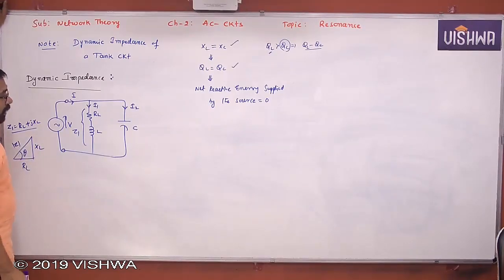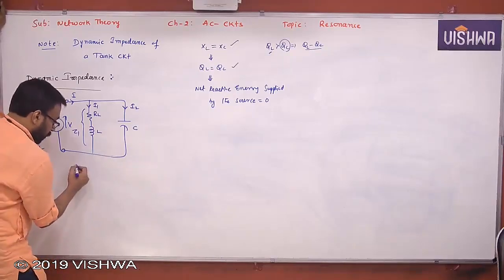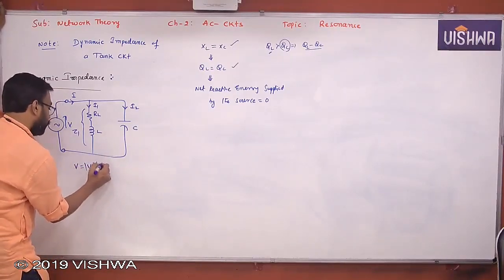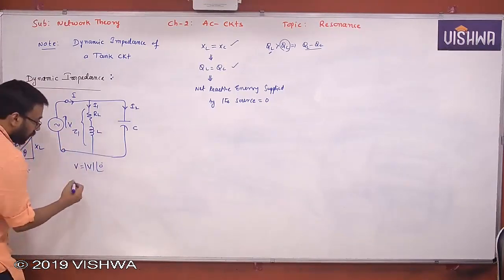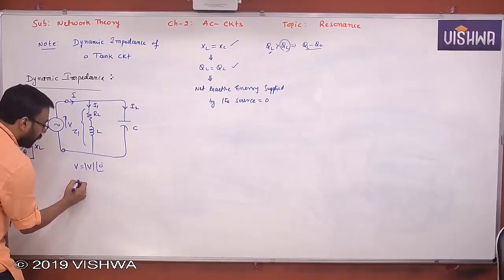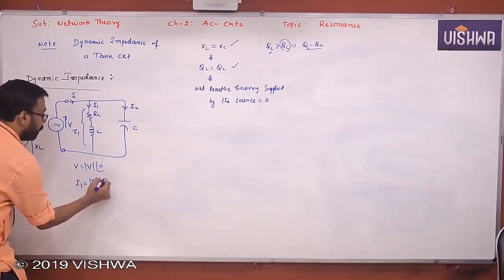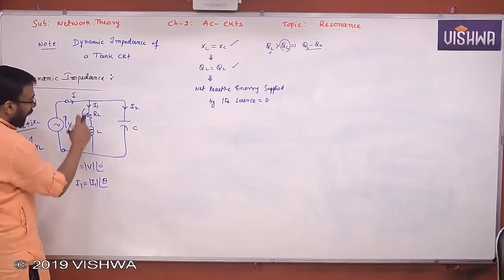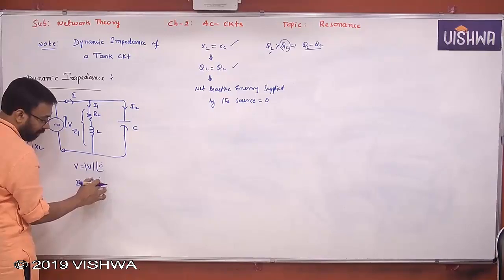Well, let us take a phasor diagram approach. Let me take V equal to V at an angle of 0, because of the parallel circuit. And I am sure that I1 is I1 at an angle of theta. Is it lagging or leading? Lagging, so you will definitely have minus theta.